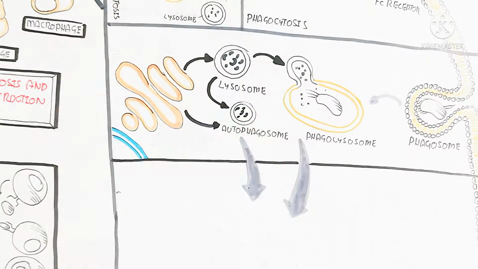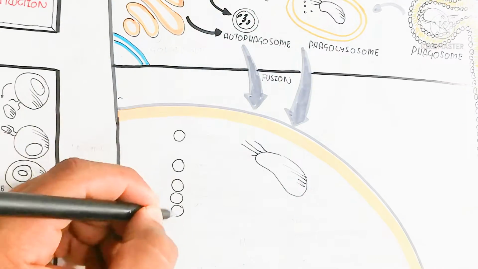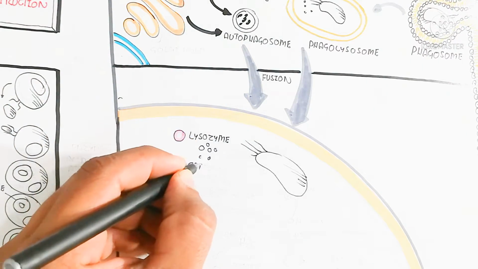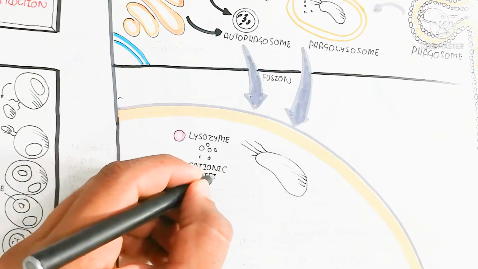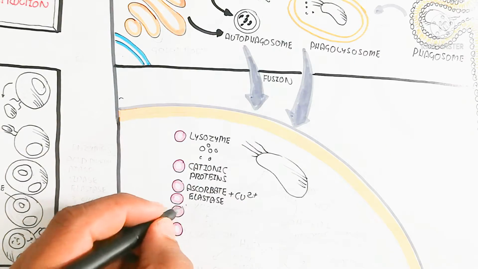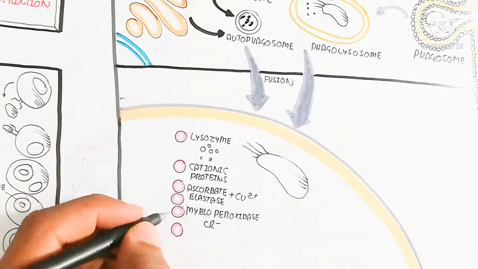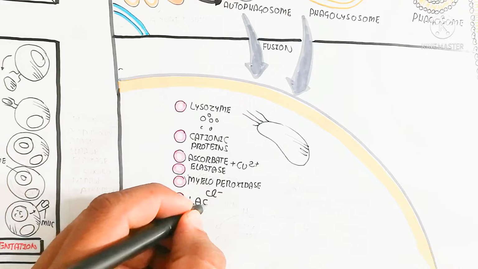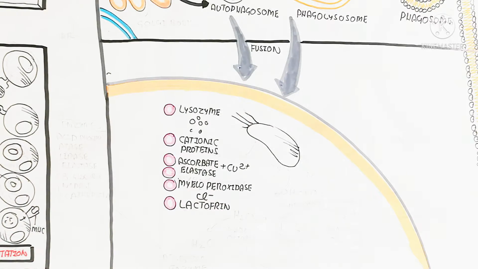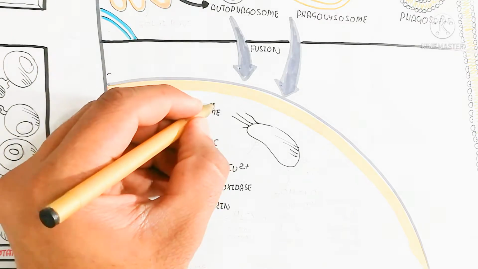And the autophagosome is also produced, which also binds with the phagolysosome to increase the efficiency of the enzymes, for example lysozyme and cationic proteins, ascorbate plus copper, elastase, and myeloperoxidase with chlorine, and lactoferrin. All of these are used for neutralizing the antigen, bacteria or virus.